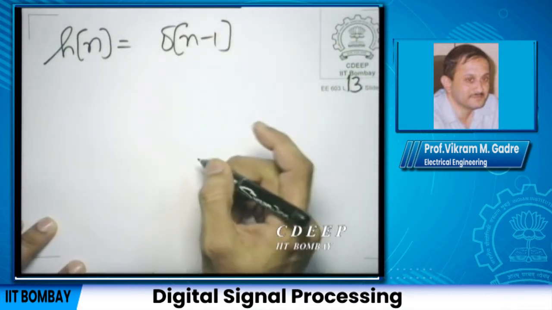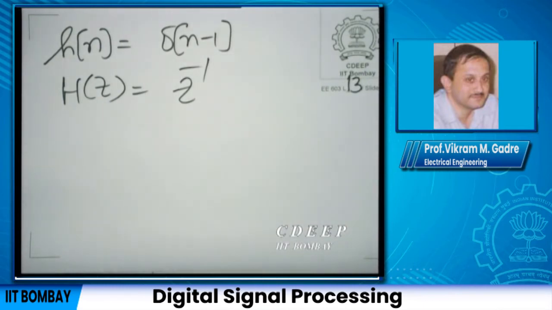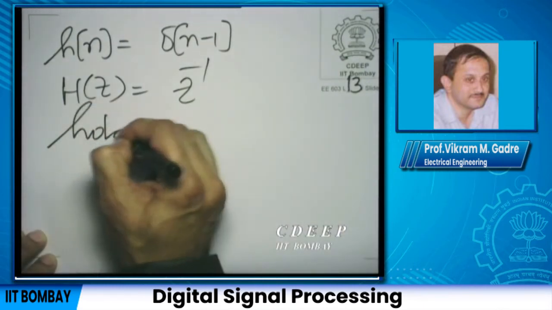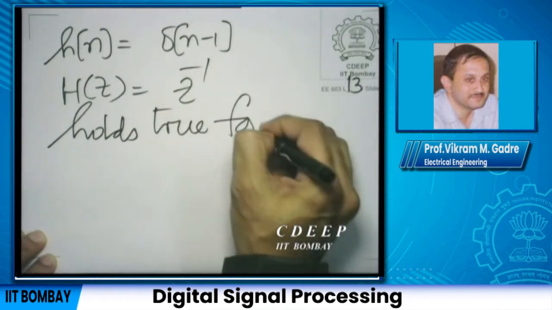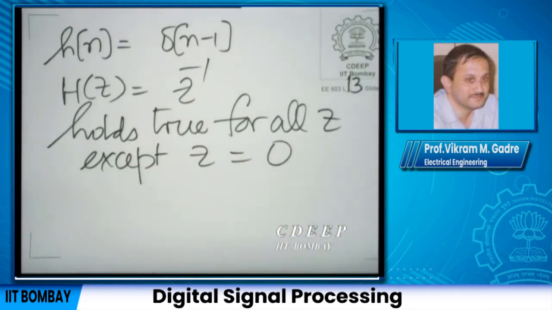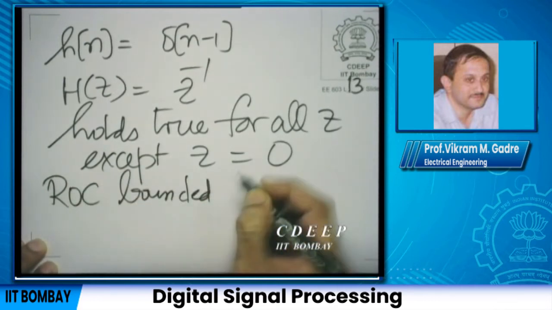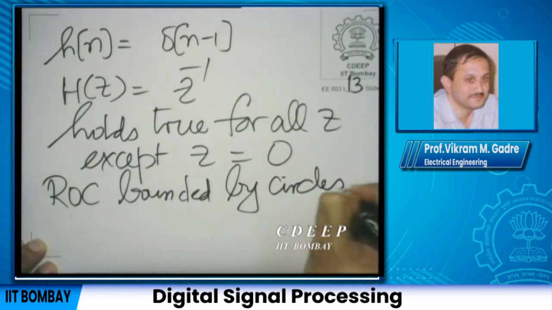Now, let us take the sequence h[n] equal to delta[n minus 1]. It is very easy to see that the Z transform is z inverse, and it holds true for all z but z equal to 0. Again, the region of convergence is bounded by circles of 0 and infinite radius.